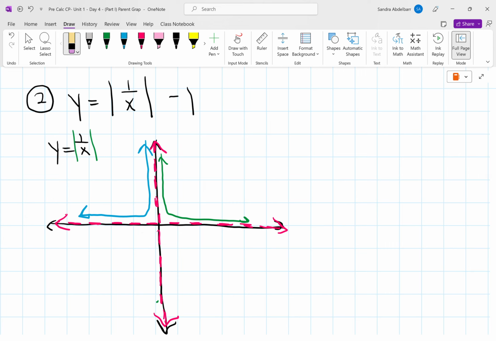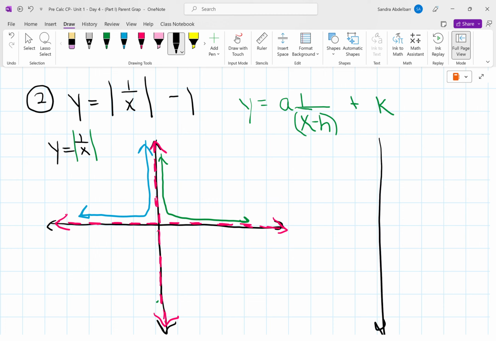But now they're saying take this and translate it 1 unit down. Because remember, our format is y equals a times 1 over x minus h plus k. So that one's not with the x. That one's outside of the x. So that means that's the k. And what does the k tell us? Our vertical shift. So now we're going to take this, and our shifting is for the asymptotes. So we're going to now shift the asymptote 1 down.